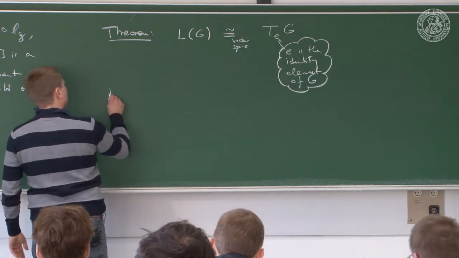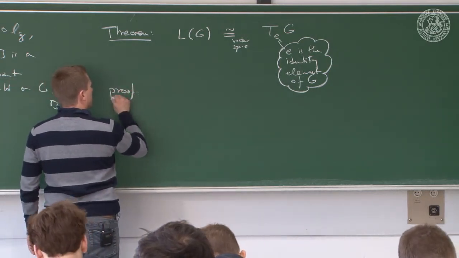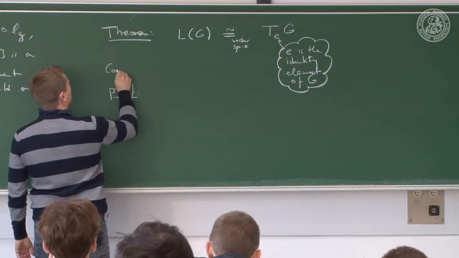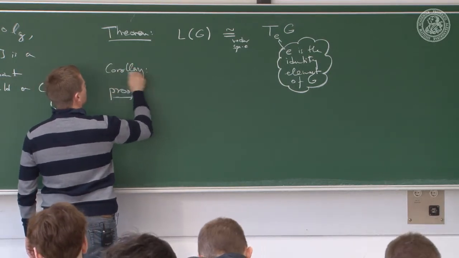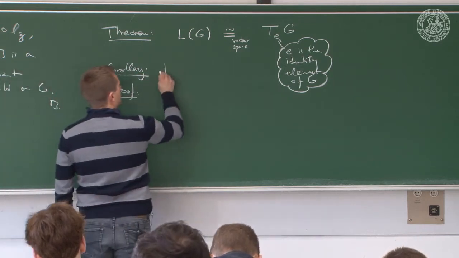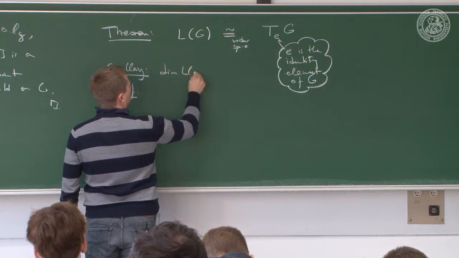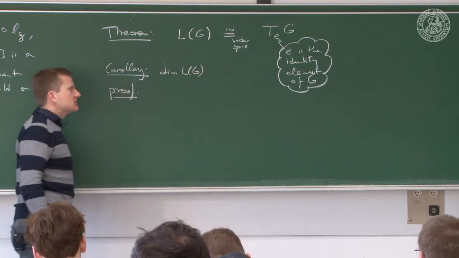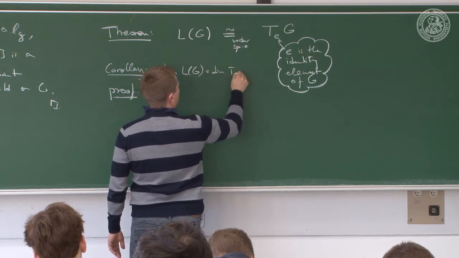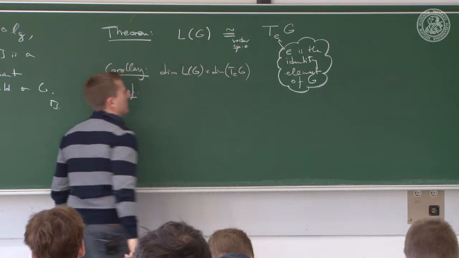Okay, proof. Well, before we prove it, I can immediately write the corollary. So if this is true, if we're able to prove this, it follows, of course, that the dimension of the Lie algebra, the vector space dimension, is, of course, the dimension of the tangent space of the Lie group at the identity.